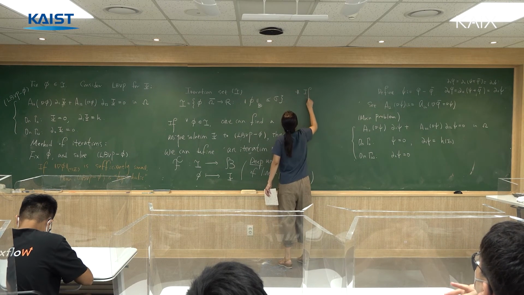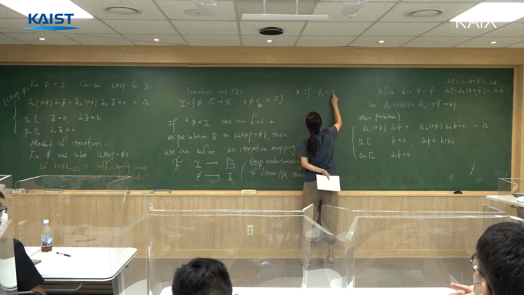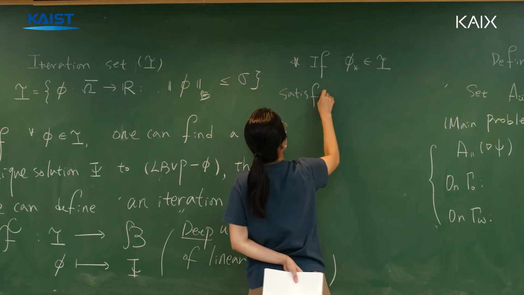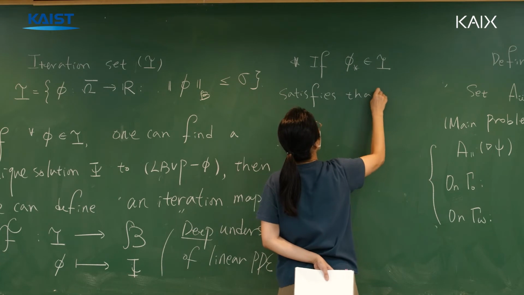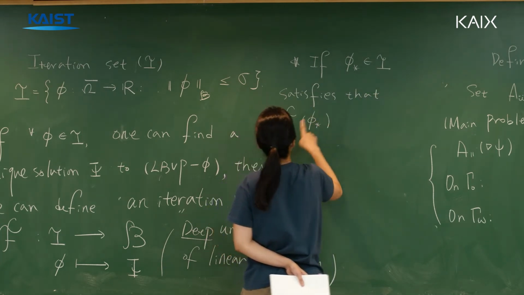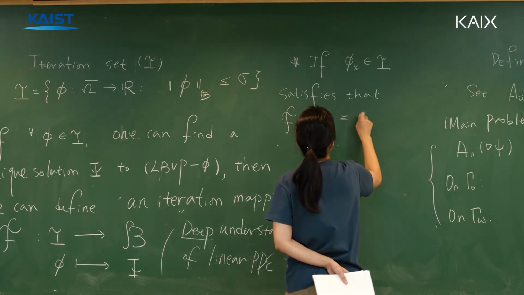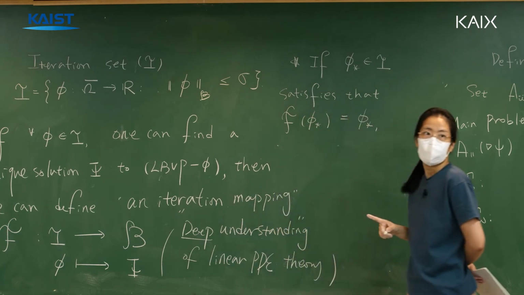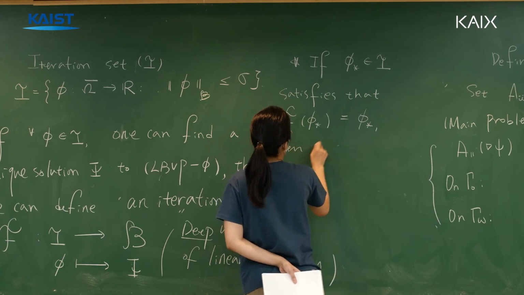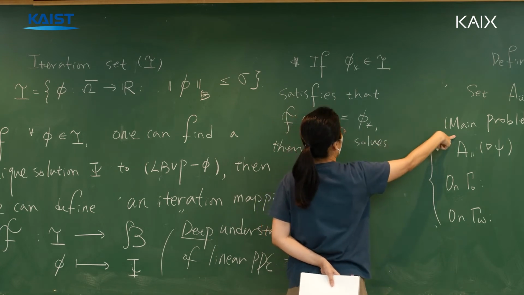If an element phi star satisfies that, when you map phi star by the iteration mapping, it turns out to be phi star, then phi star really solves the main problem here.